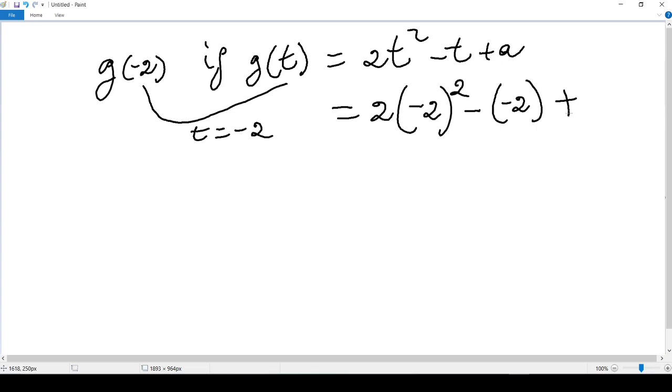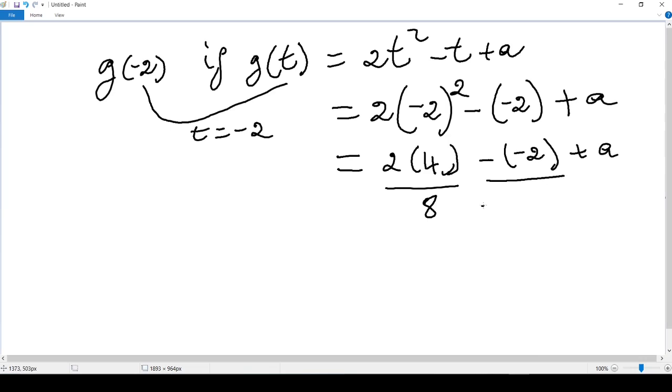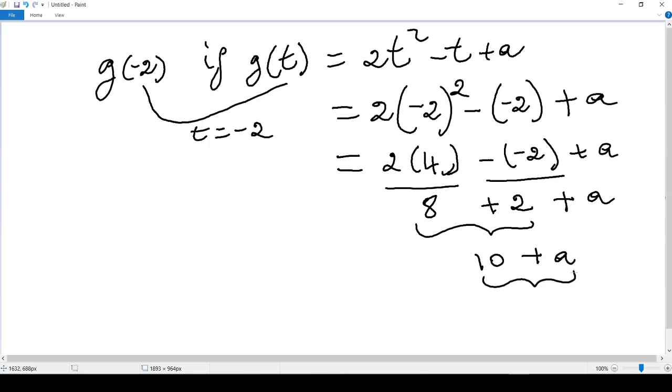The a is not a t, so I don't have the value of a, so I will leave my a as it is. Negative 2 squared is 4, so 2 times 4 minus negative 2 plus a. So I have 8. This will give me plus 4, plus 2 plus 8. 2 plus 8 is 10 plus a. I cannot combine numbers and letters, so I stop here, and this will be my final answer.